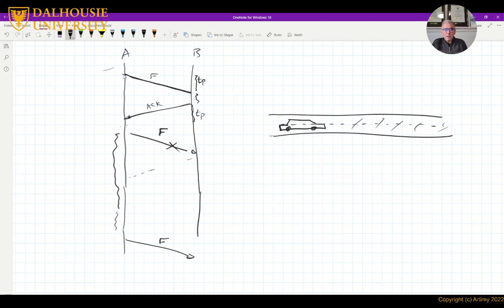So if I count from here until here, I'll see that I spent at least 2 propagation times, plus frame time, and maybe some other time as well for processing. All of this to send one frame.